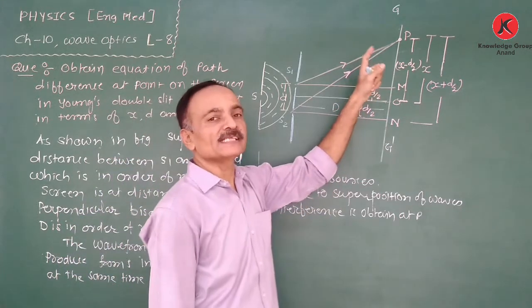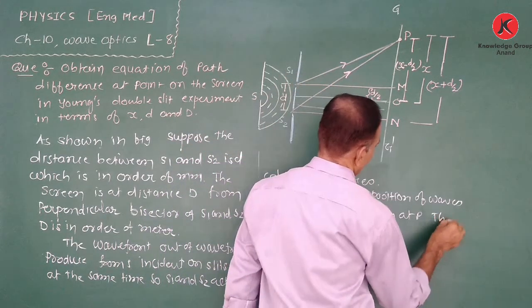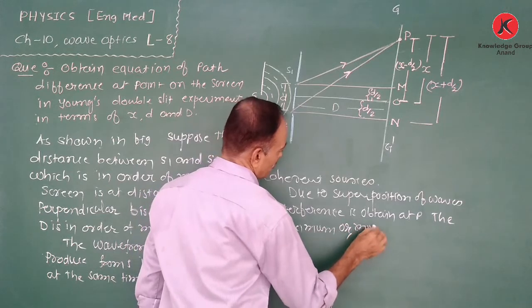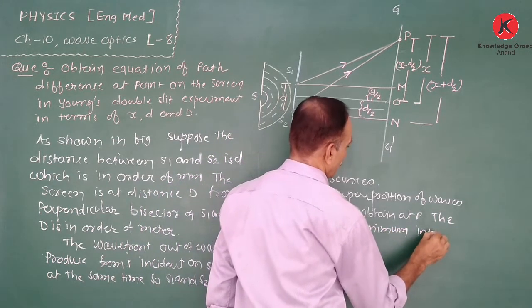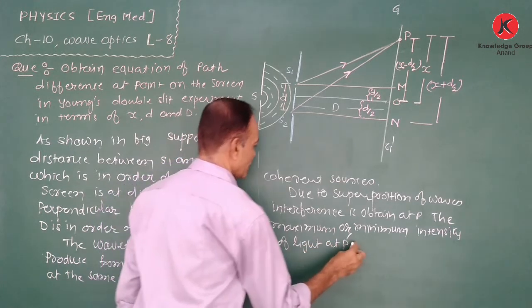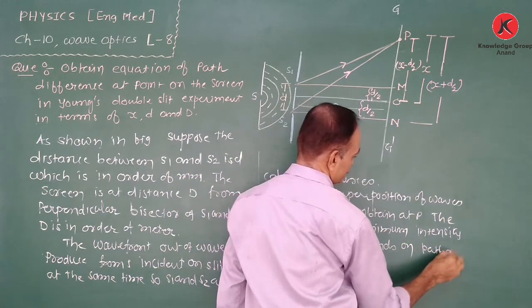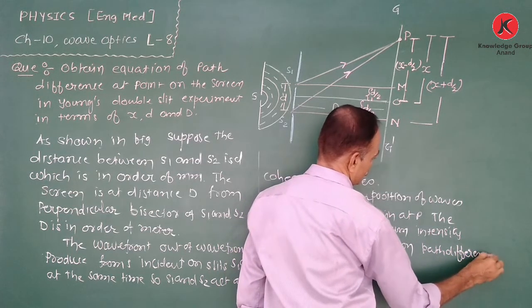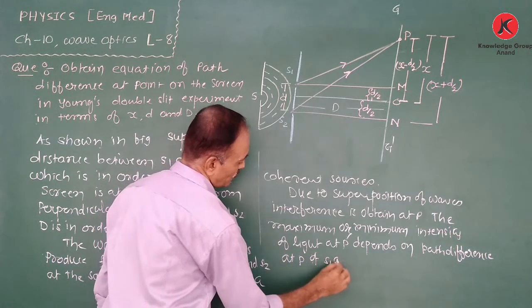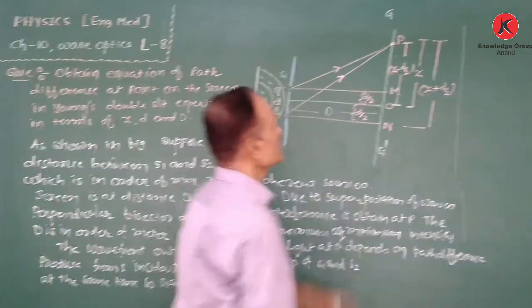The maximum or minimum intensity of light at P depends on the path difference of S1 and S2 at P. Now, we assume that OP is x.